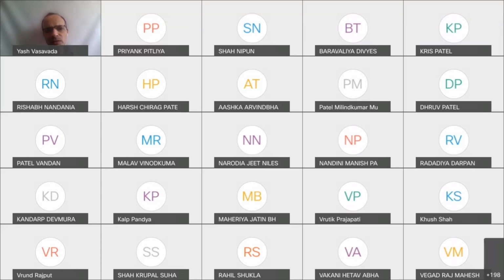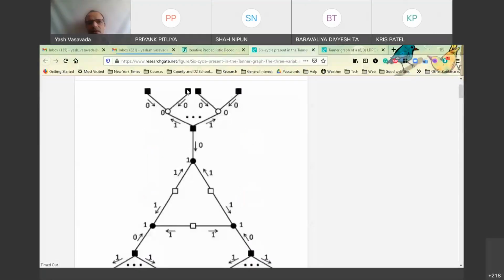Now this is the same Tanner graph. It has square nodes and circle nodes, and this would be like one local neighborhood of the graph.